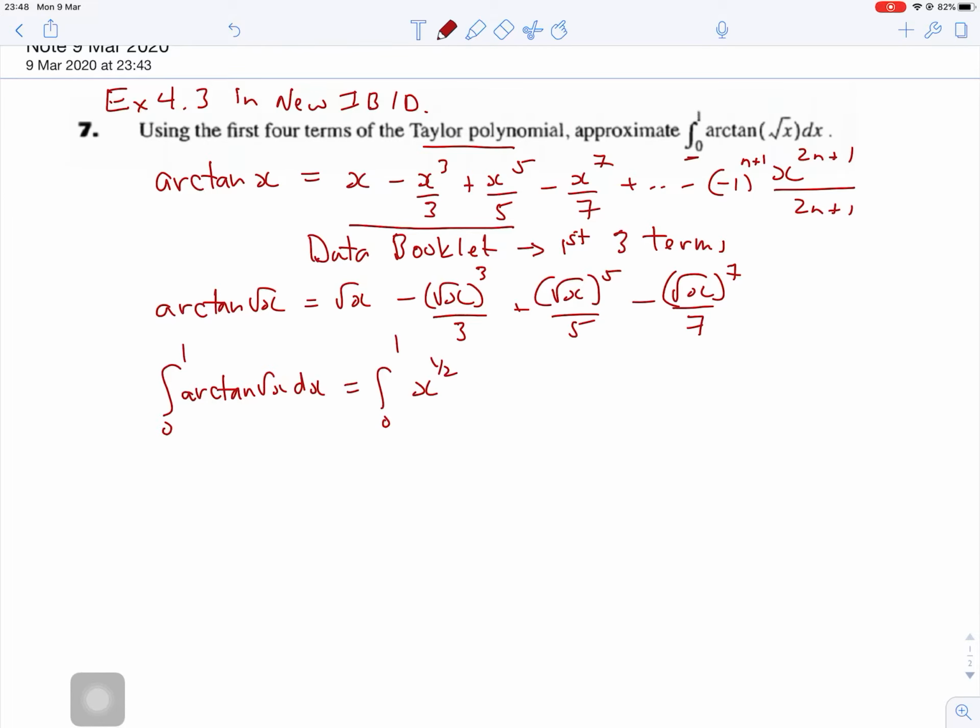So it's square root of x is x to the 1/2, and then we have 1/3 times x to the 3/2, and then the next term is x to the 5/2. I'm just going to put it over 5, and the last one, which is minus, will be to the 7/2 over 7.